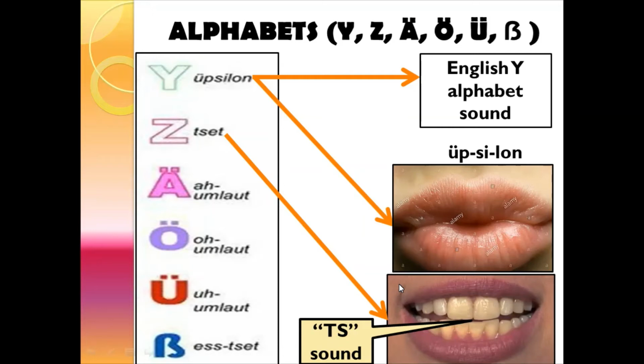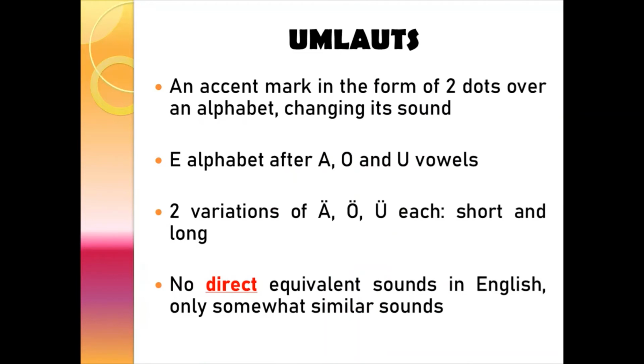Now, before proceeding to the other 4 special alphabets, let me explain the concept of the umlauts. An umlaut is an accent mark, by which I mean that it appears in German alphabets in the form of 2 dots over an alphabet, and it changes the sound of the alphabet on which it appears.